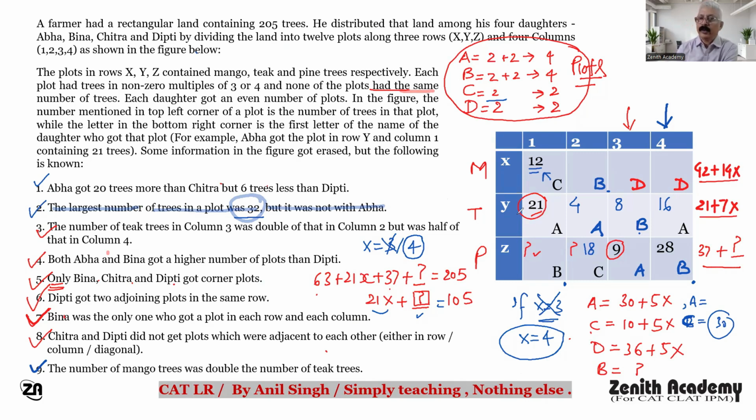So the y row is complete. So 16 plus 8 is 24, 4 is 28, 28 और 21, it is 49. फिर चेक कर लेते हैं. 16 4 20, 20 8 28, 28 पे 21 डाल के, it is 49. Means the number of pea trees in y row is 49. All columns are sufficient. And it was given that number of mango trees is double that of pea trees, so it is 98.